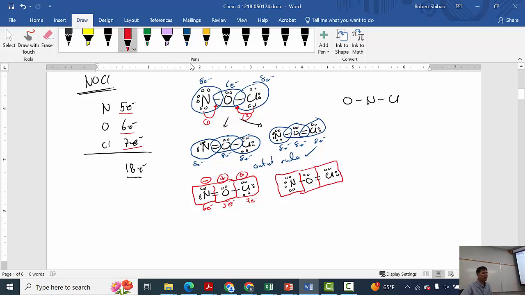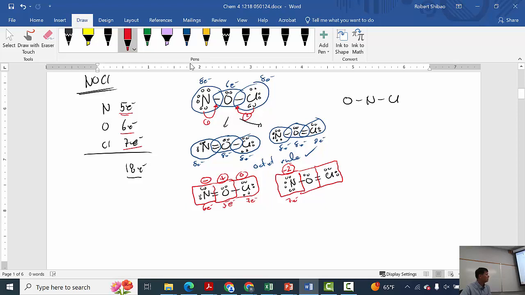All right, how many electrons does nitrogen end up with in the structure? 2, 4, 6, 7. 7 electrons. How many did it contribute? 5. So it came out with 2 extra electrons, which means its formal charge is minus 2.